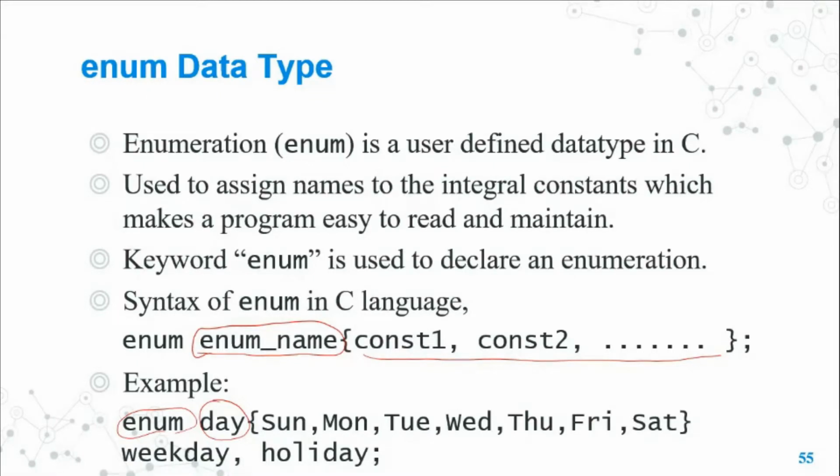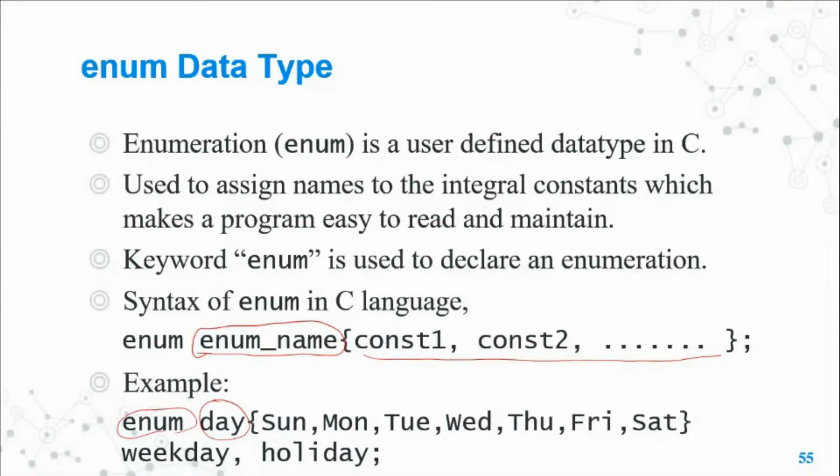Then we declare two variables also, weekday as well as holiday. These two will be variables of type day, and day is an enum type in which the possible values are Sunday, Monday, Tuesday, Wednesday, Thursday, Friday, and Saturday.